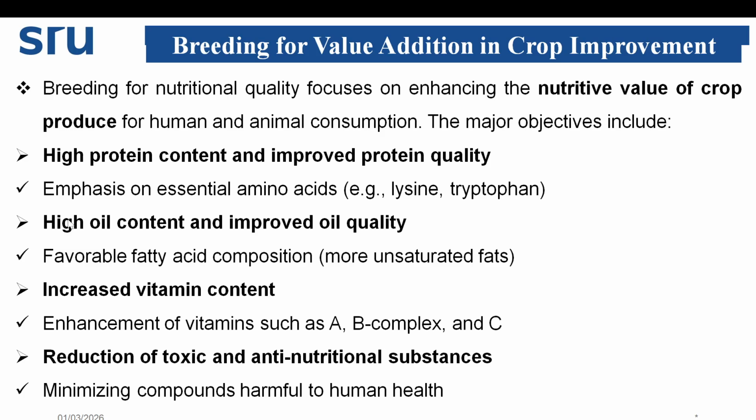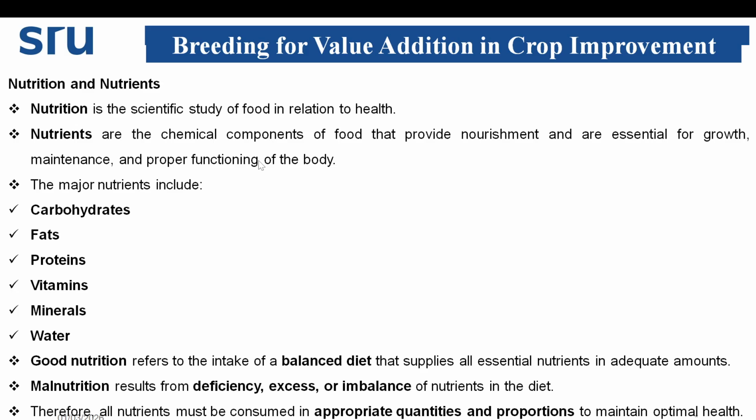So favorable fatty acid composition, more unsaturated fats. Third objective, increase vitamin content, enhancement of vitamins such as A, B complex and C. Then fourth one, reduction of toxic and anti-nutritional substances, minimizing the compounds harmful to human health.